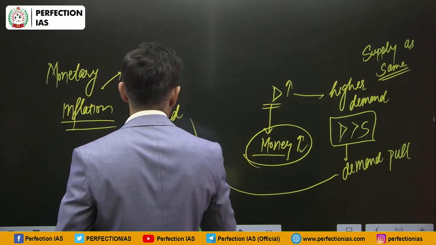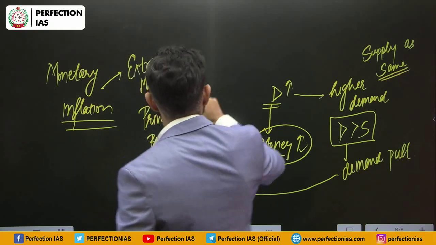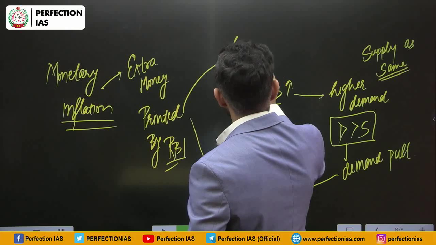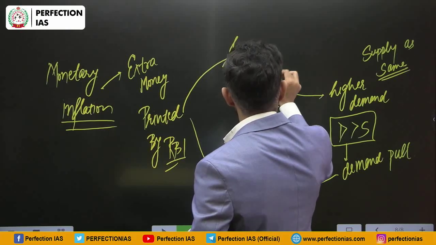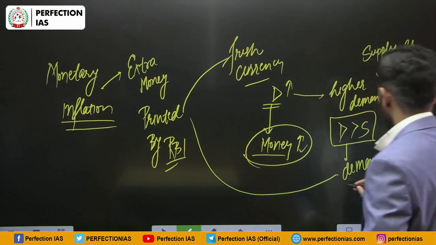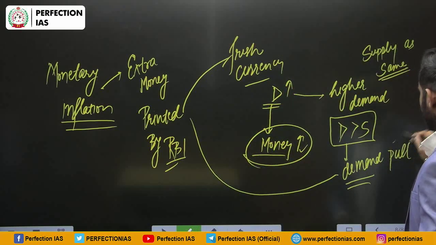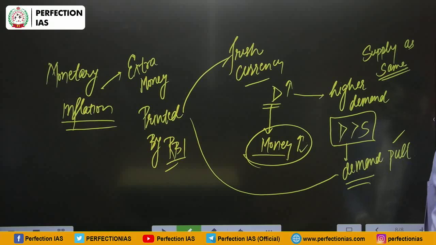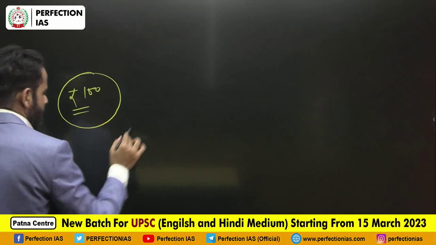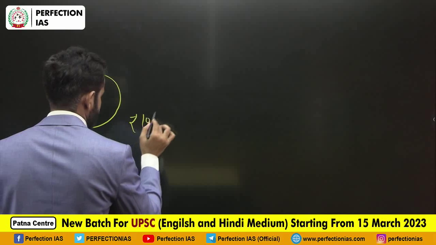So if RBI prints fresh currency, then it may lead to increased demand and subsequently it will lead to demand pull inflation. Let's consider it this way. Suppose in the economy earlier there were only 100 rupees. Now RBI printed 10 more rupees.